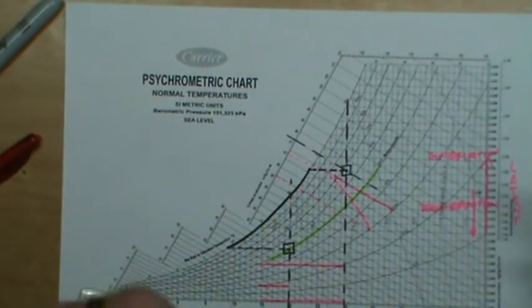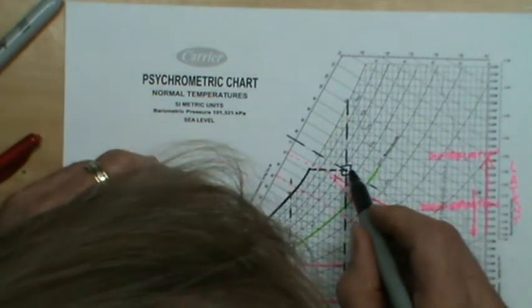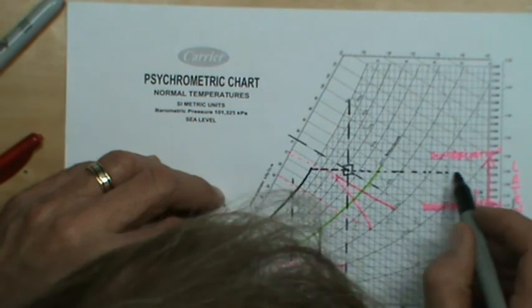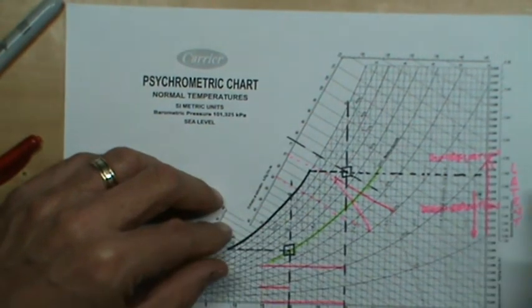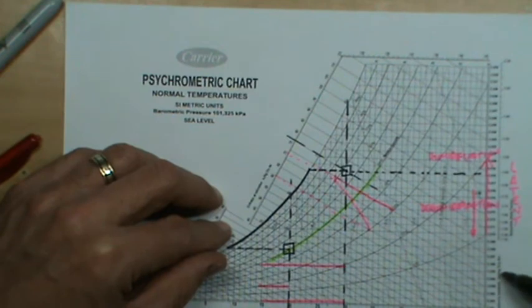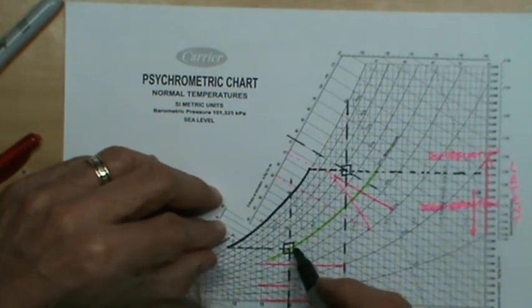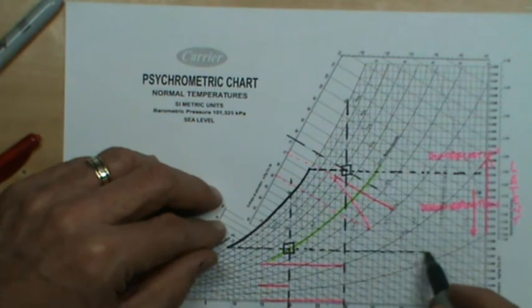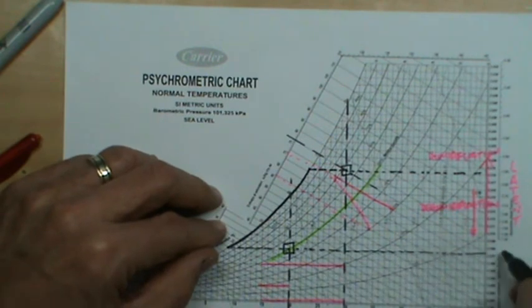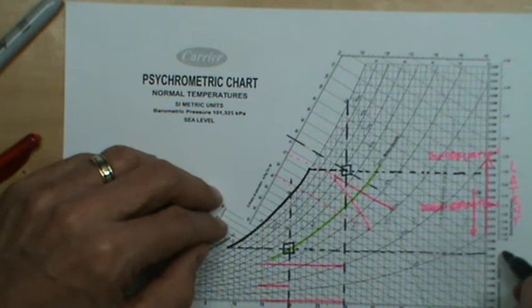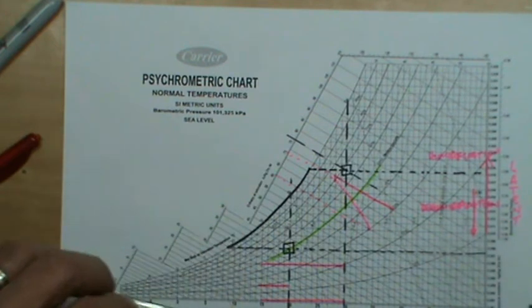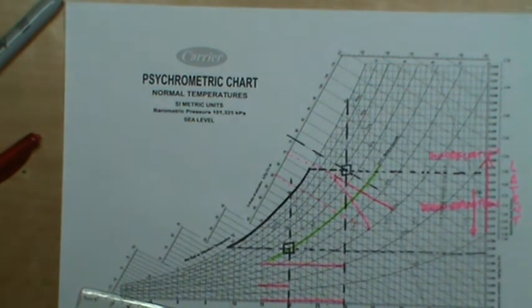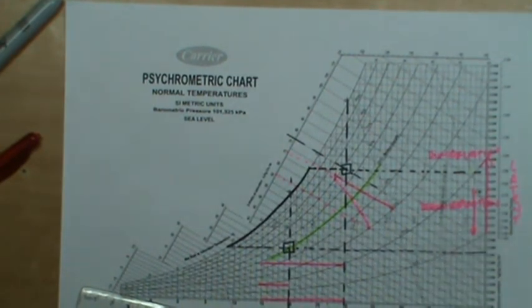In the same time, what we've done over here is that we've gone from 0,018 kilograms per kilogram of dry air down to 0,0072. So in other words, if you look at it, on my calculator, I'll be able to show the magic.